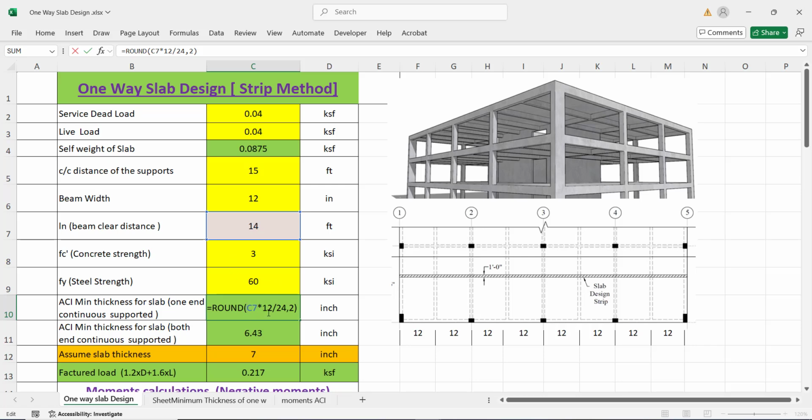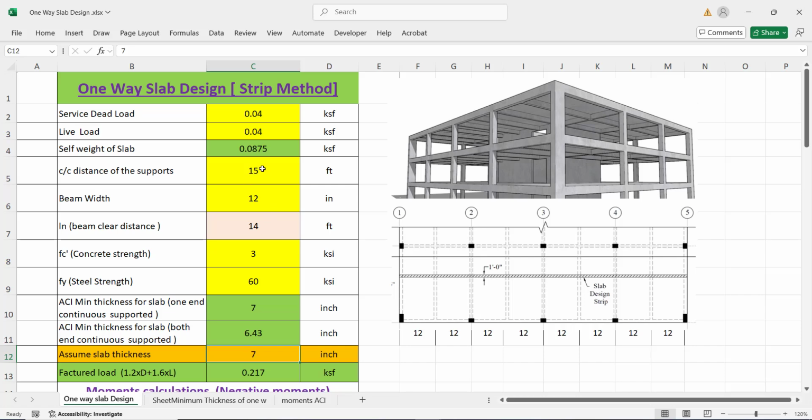This 14 feet multiplied by 12 converts to inches, and then divided by 24, it gives the required thickness of the slab. And for the interior slab, divided by 28, it is 6.43. We will take the maximum one, 7. So we assume 7 here.